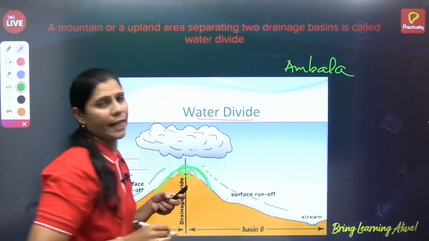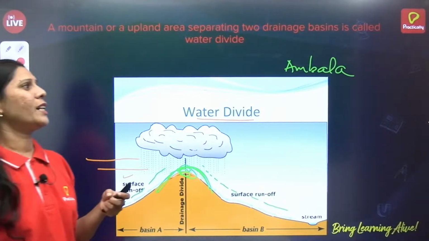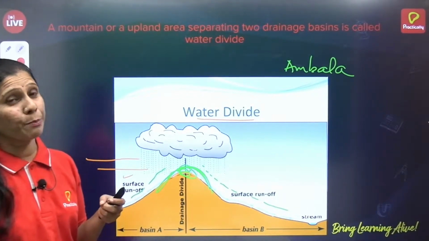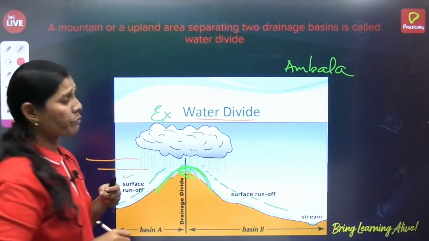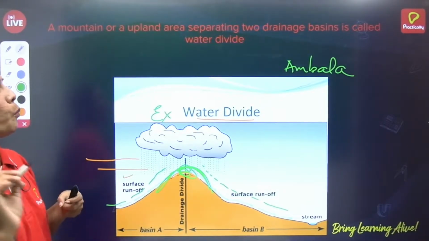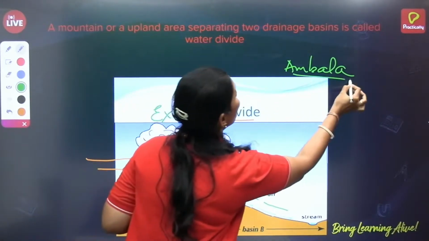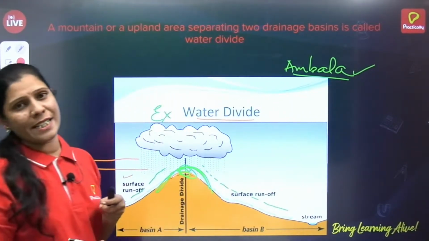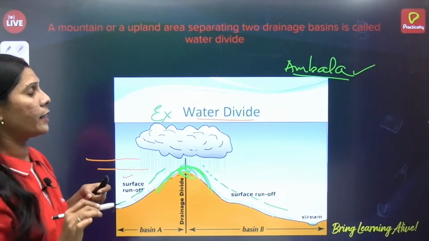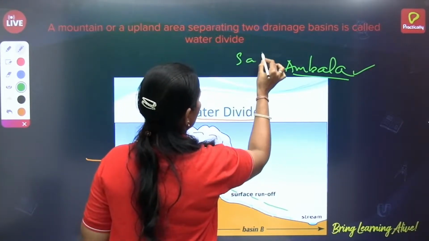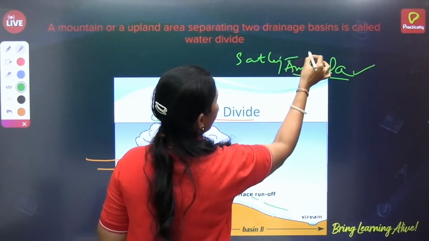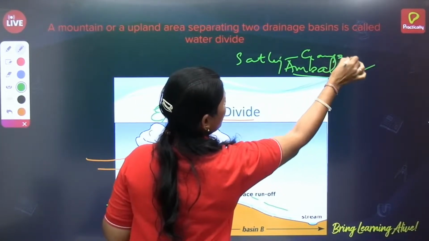Please note it, Ambala is one example of a water divide, which is between the Indus River and Ganga. Okay, so Satluj and Ganga. So we find this.